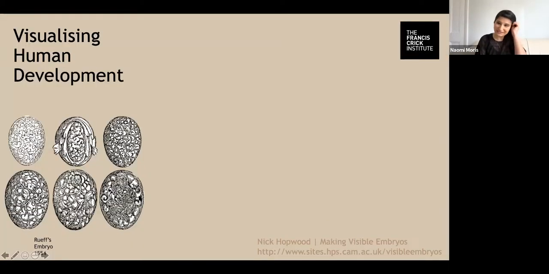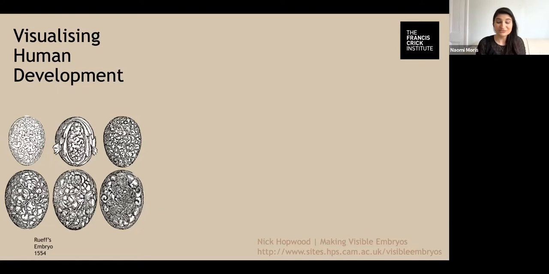And so the curiosity in human development is not a new one. People have been thinking for a long time about how we might arise, how we might come to be. So I just picked out a few really nice examples here from Nick Hopwood. And if you're interested, he's got an online collection of images called Making Visible Embryos.